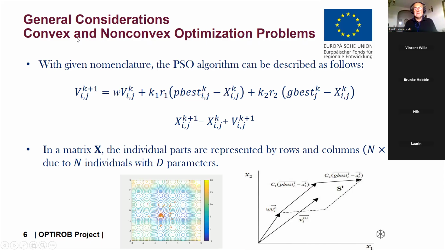Because K is the step before. If I consider K plus 1, K plus 1 is the step, let me say today, or now, and K is the step before. This means the new swarm position equals the last plus an updated matrix, the matrix V, which is characterized by I and J.